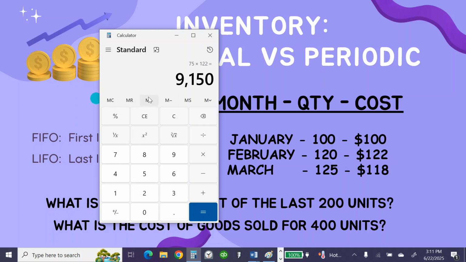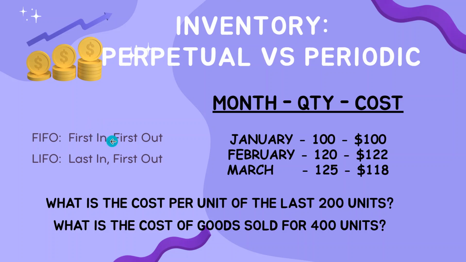Add that to memory. So the value of my merchandise that I have left, if I only have 200 items left, is 23,900, right? That is with first in, first out. First in is going to be the first to sell out. These are the value of the first ones that sell.